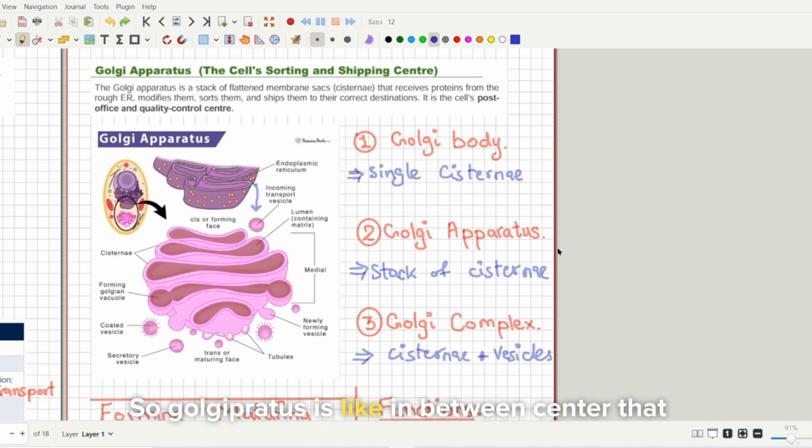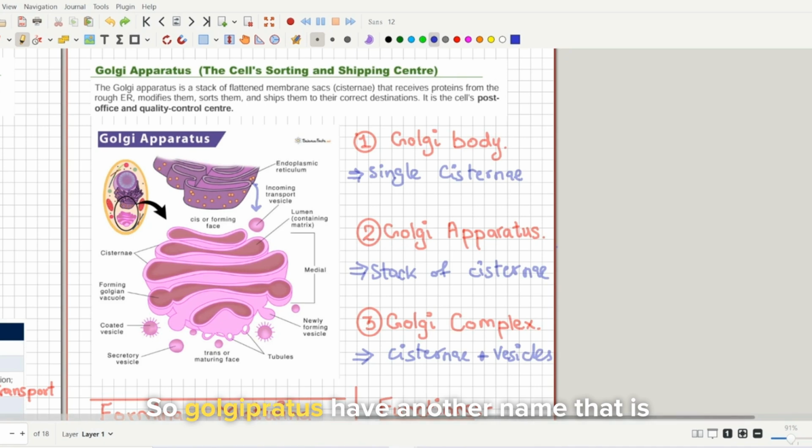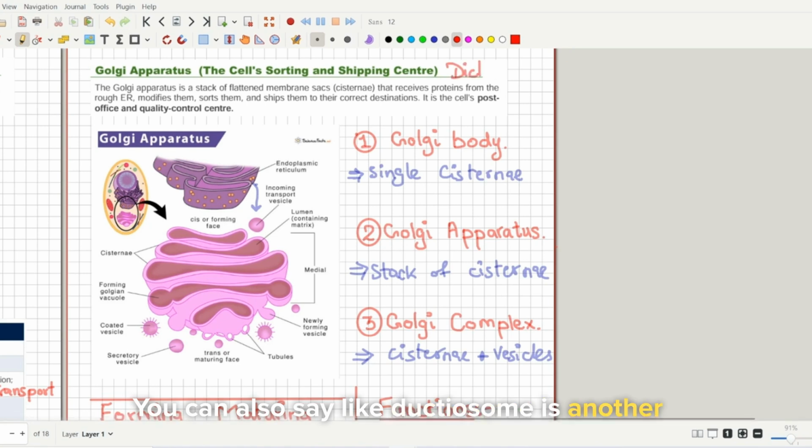So the Golgi apparatus is an in-between center that helps the cell sort out everything, and it is the shipping center in our cell. The Golgi apparatus has another name, which is Dictyosome. You can also say Dictyosome is another name of the Golgi apparatus.